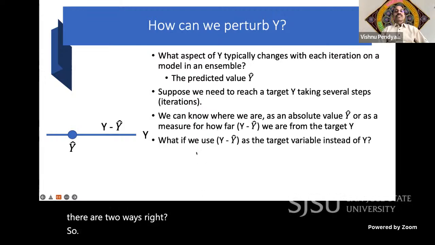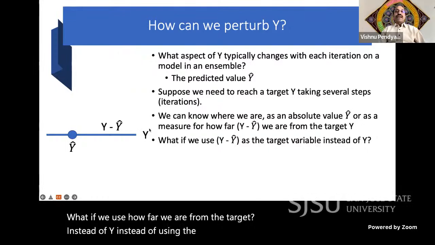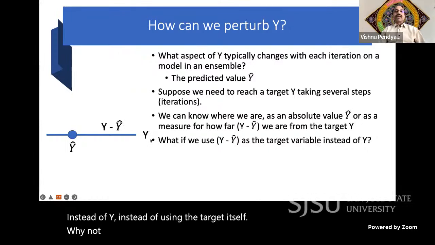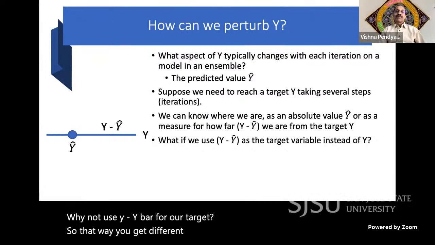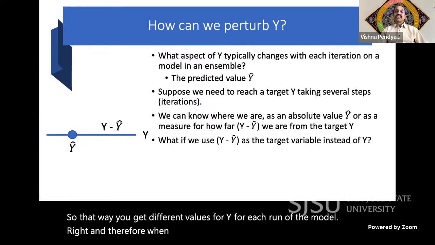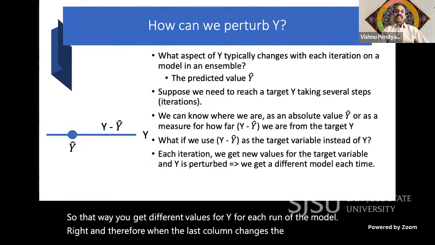So what if we use how far we are from the target instead of y? Instead of using the target itself, why not use y minus y hat for our target? That way you get different values for y for each run of the model, right? And therefore, when the last column changes, the tree also will change, right?